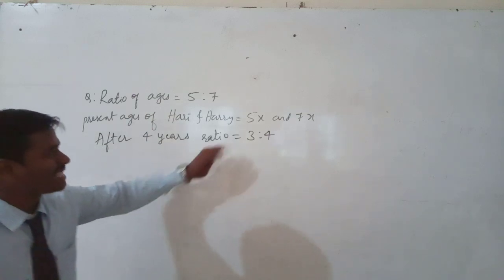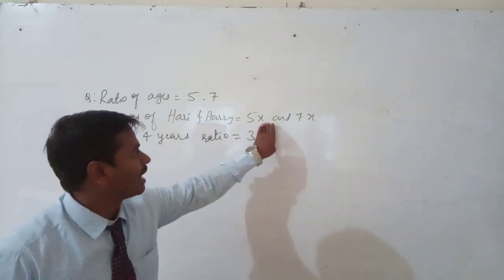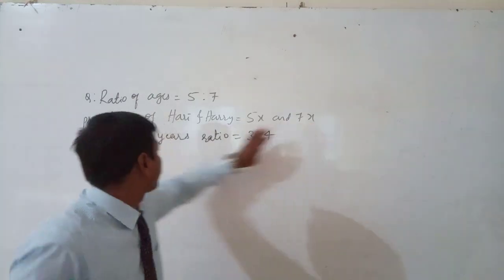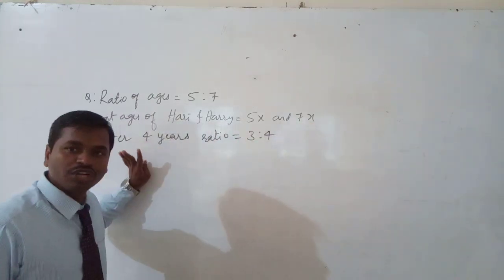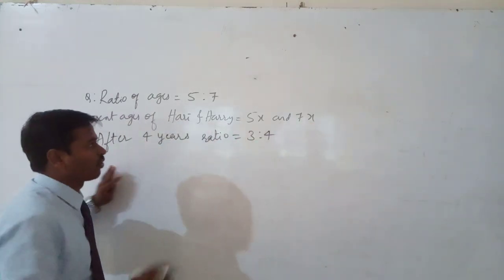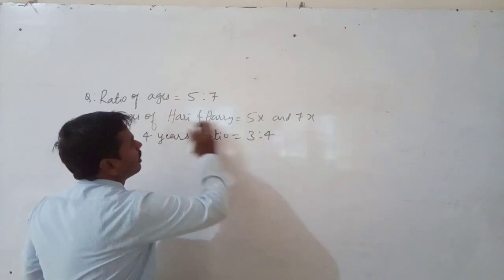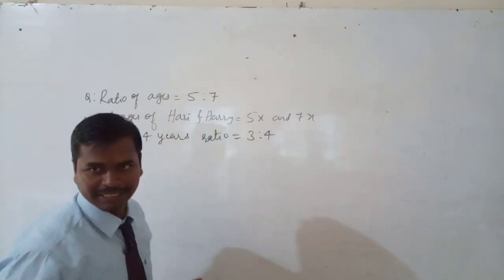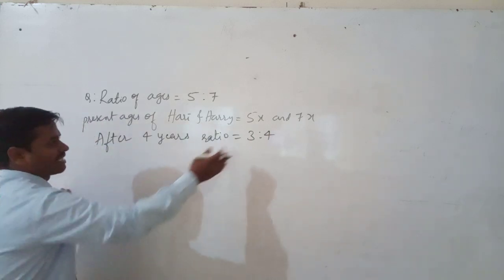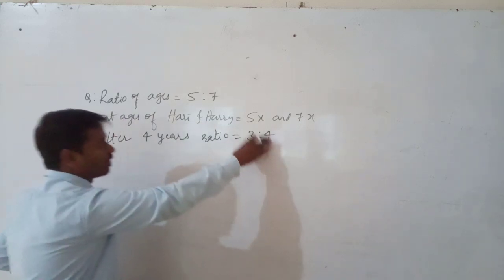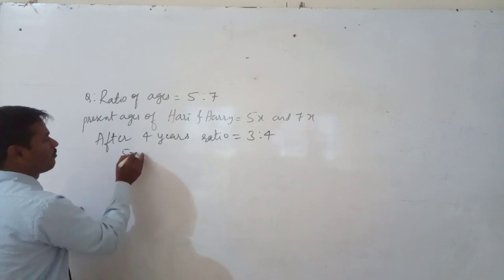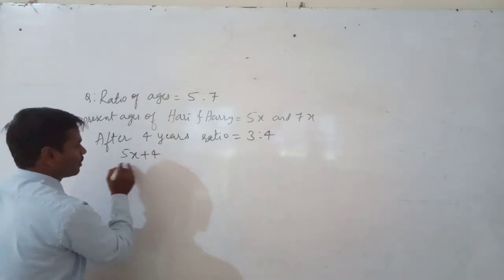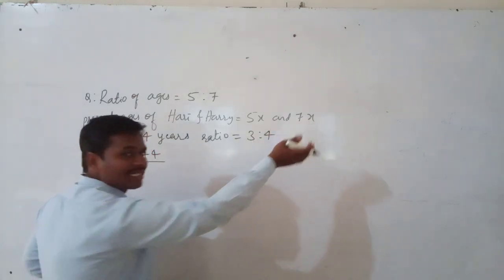Now, present ages are 5x and 7x. After 4 years means plus 4, we should add this. Plus 4 to Hari, plus 4 to Harry also, because both are growing after 4 years. After 4 years, the ratio is 3:4. It will become 5x plus 4 divided by 7x plus 4.